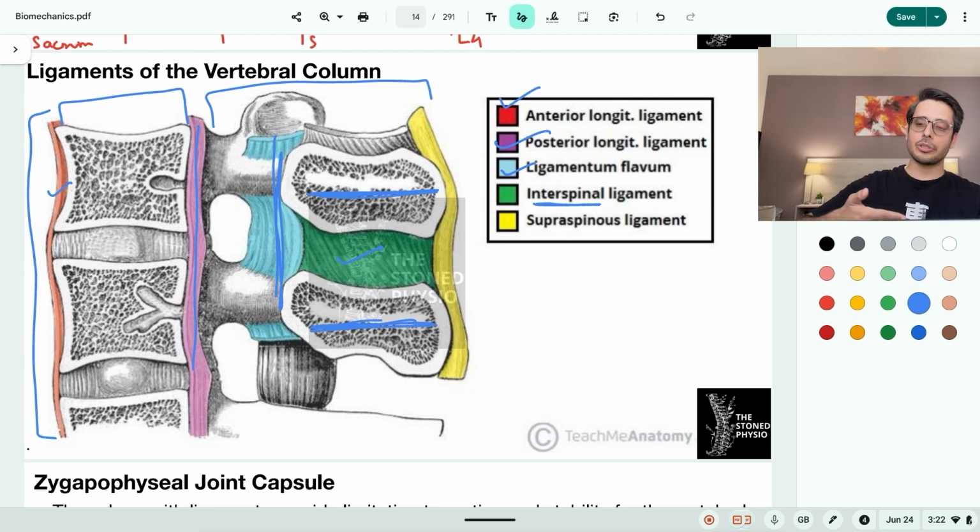So this is a cut section of the vertebrae, and between the spinous processes we have the interspinous ligament shown in the green color. And then we have the supraspinous. It just touches the tips of the spinous processes of each vertebra, hence called the supraspinous ligament. So we discussed the interspinous and the supraspinous ligament.